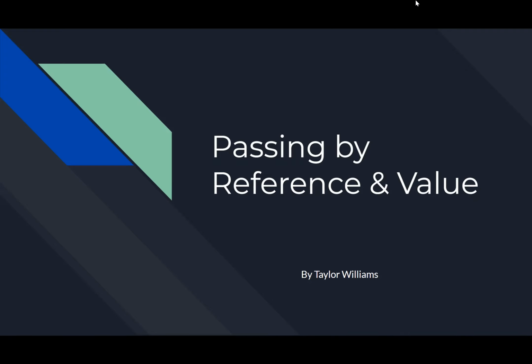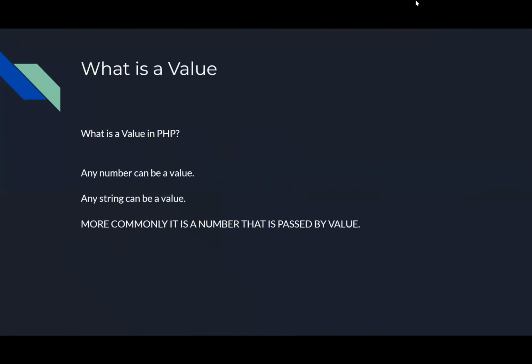I'm sorry that this one's a little late, but my presentation today is just about passing by reference and value. Passing by reference and passing by value are two separate things. What is a value? First, we need to understand what a value is in PHP. A value can be a number or a string.